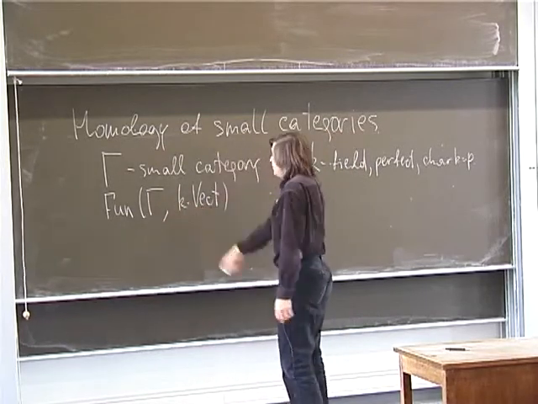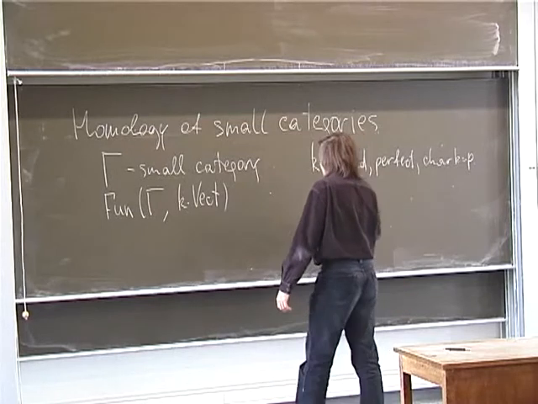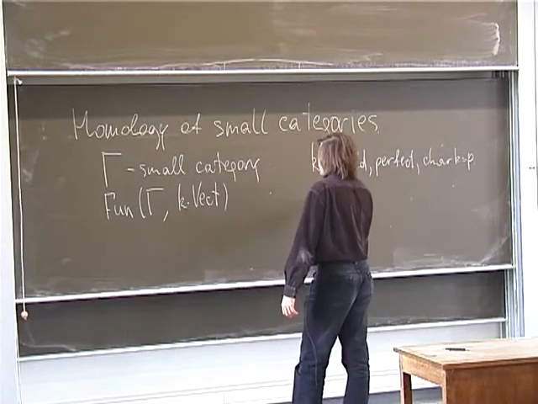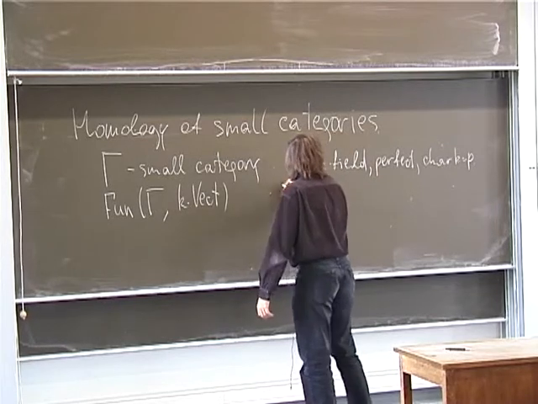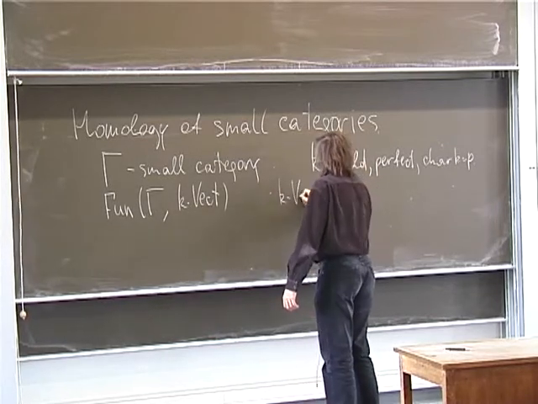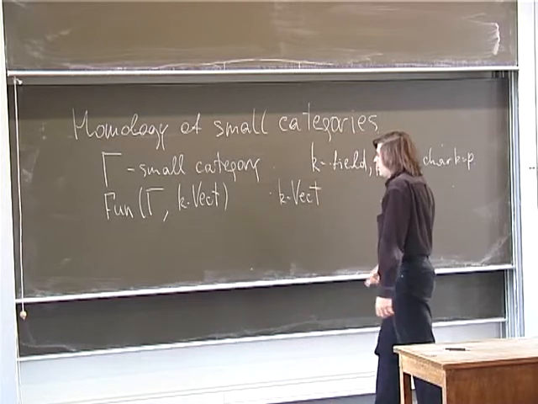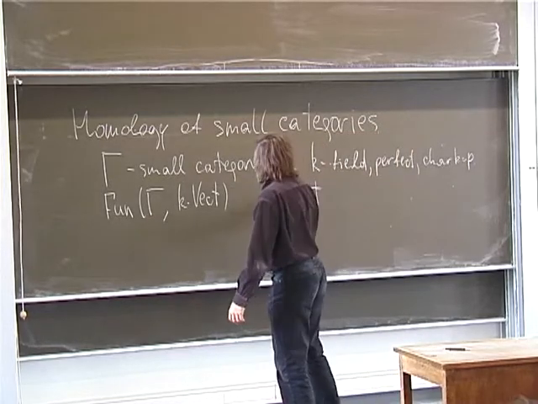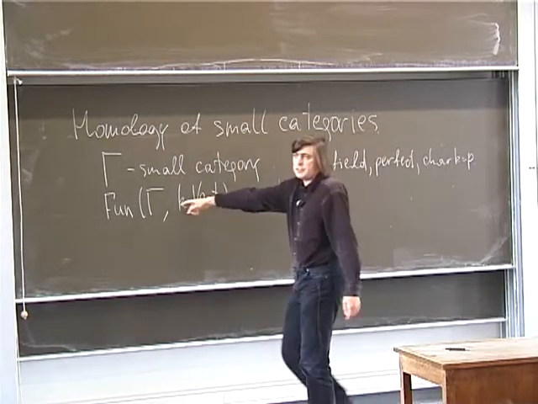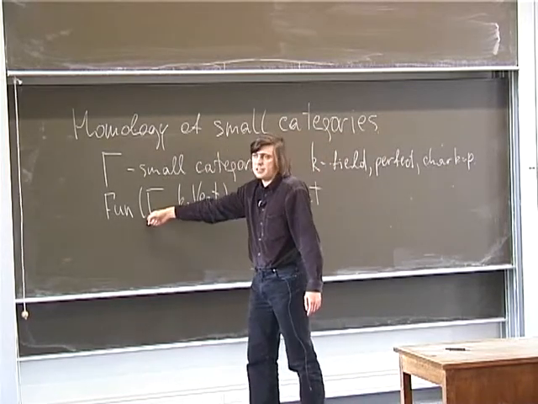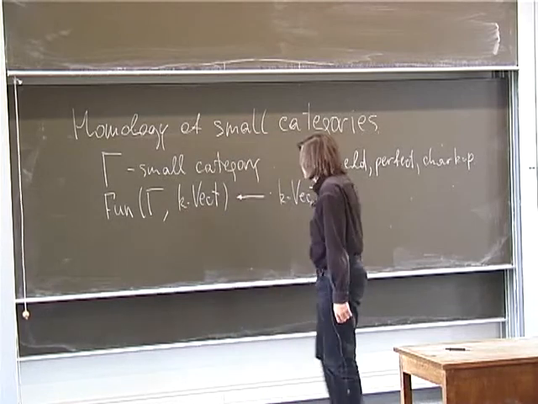This is an abelian category. And we have a category of just vector spaces. We have a tautological pullback functor which associates to any vector space the constant functor, which sends everything in gamma to this fixed vector space.